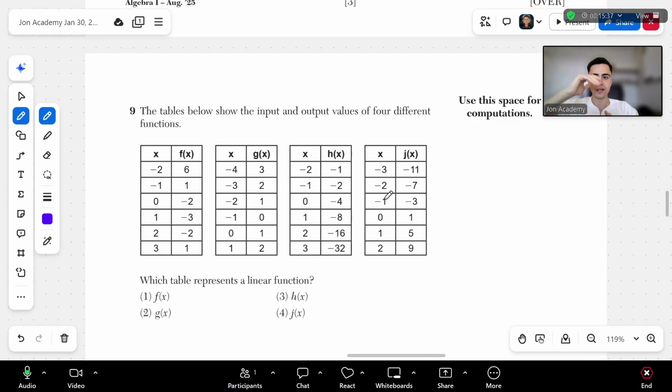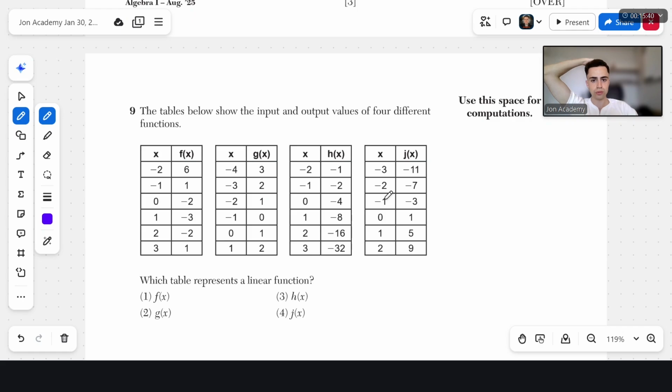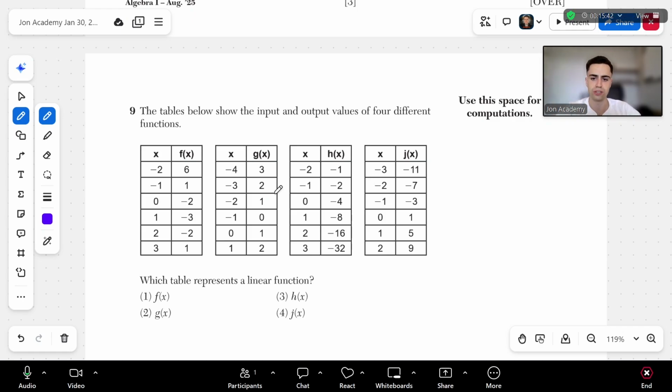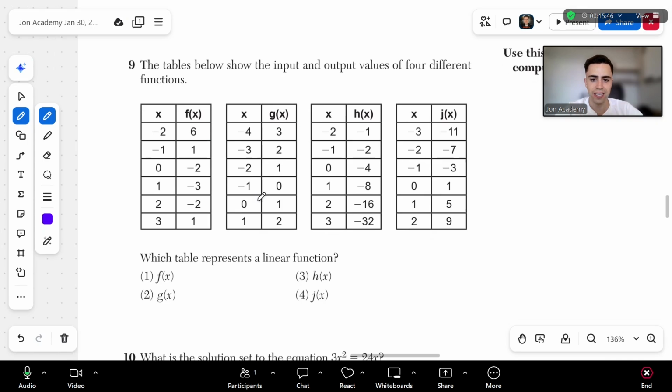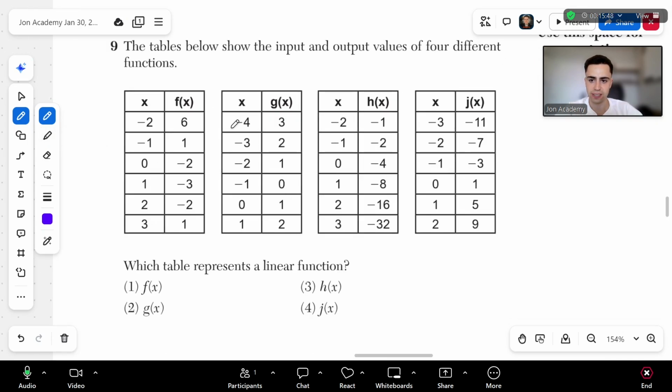Let's jump into number 9 now. The table below shows the input and output values of 4 different functions, okay. Which of them is a linear function? A linear function means it's like in an arithmetic series, no? We have that the values change by the same amount. So here, for example, it is minus 1 always, no?